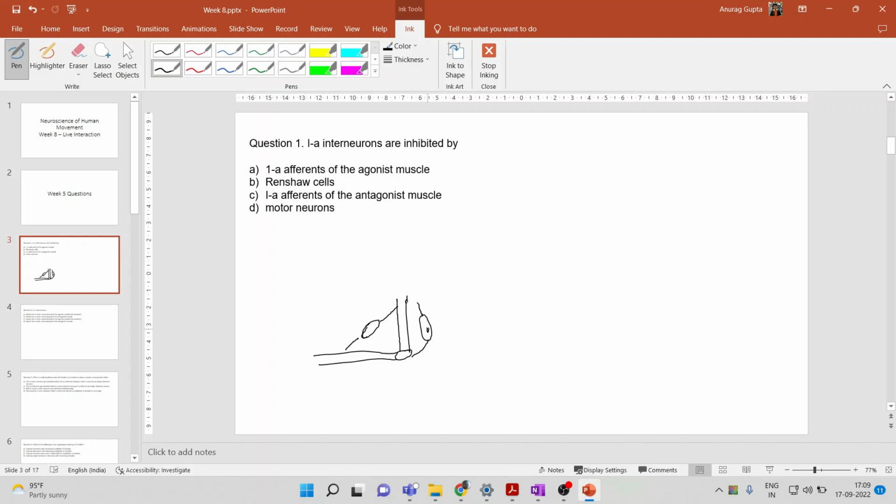We have primary spindle endings and secondary spindle endings, which are connected to the 1A afferents.